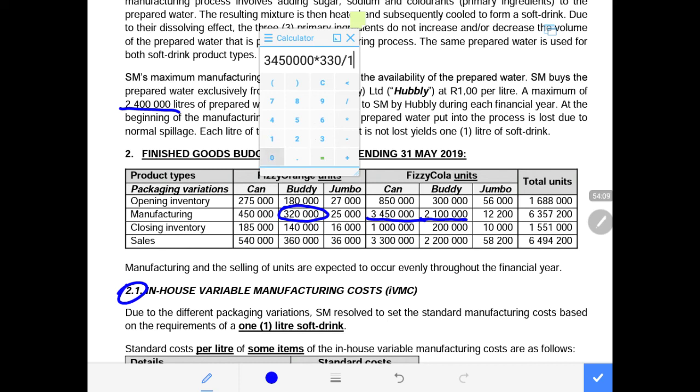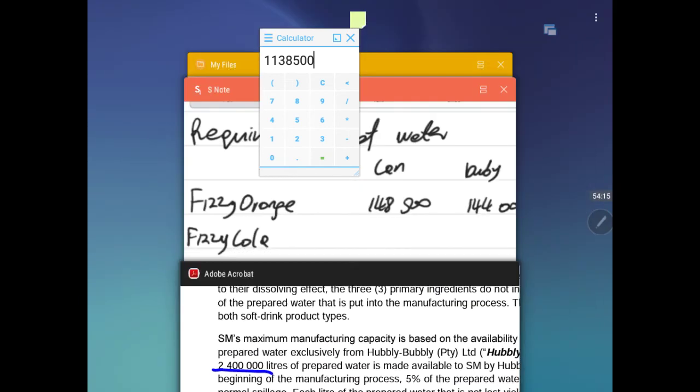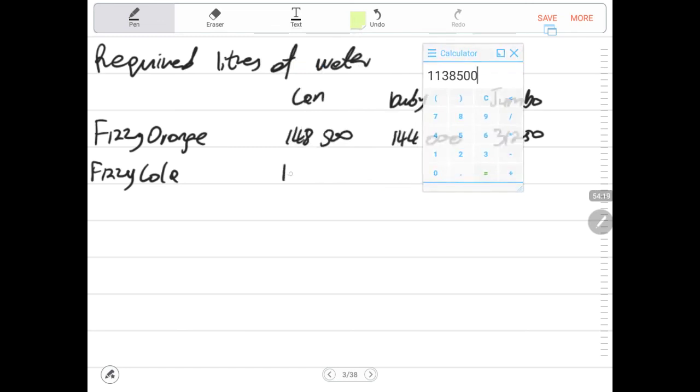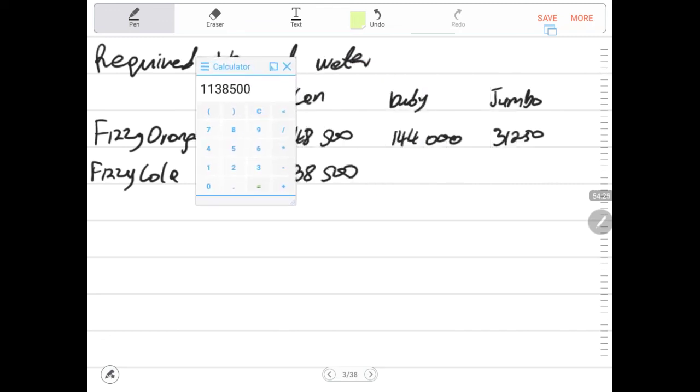Remember, we divide by 1000. So this gives us 1,138,500.